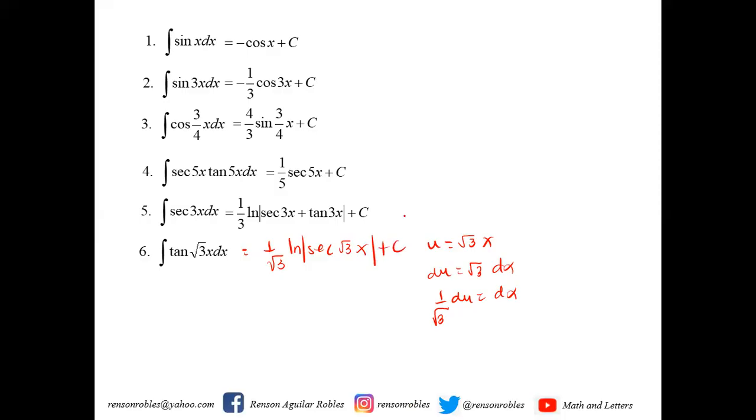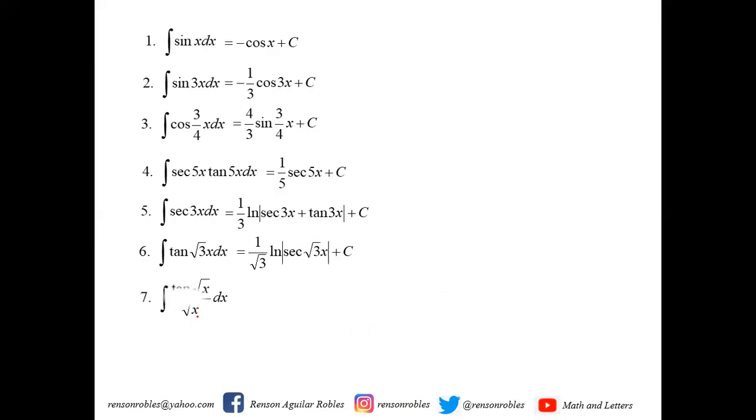Okay. Now we have the integral of tangent square root of x over square root of x dx, and we also have u equals square root of x, and that is equal to x raised to 1/2. du is 1/2 x, you subtract 1 from 1/2, that's negative 1/2, and then du. Okay, and you only have here dx over square root of x. So what I'm going to do here is I will just multiply this by 2.